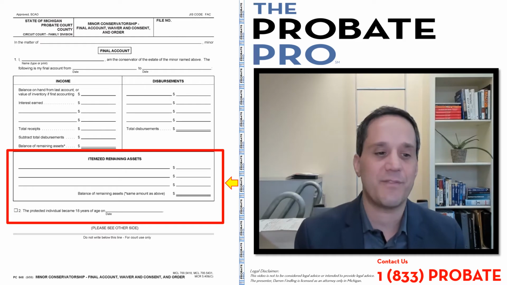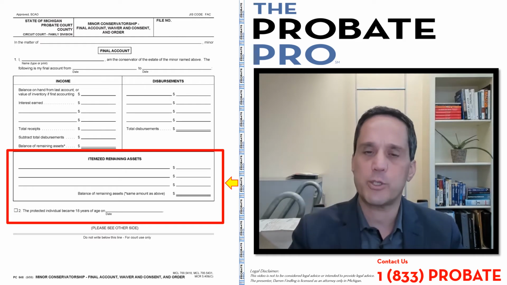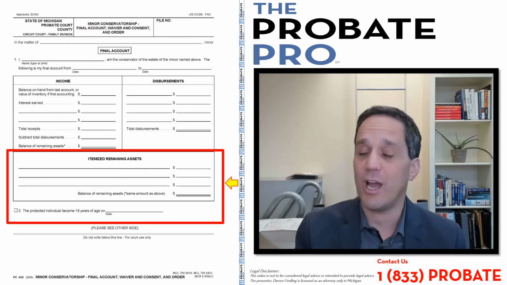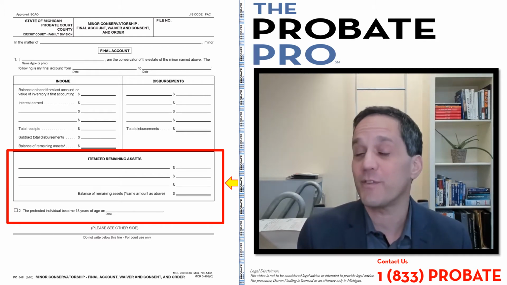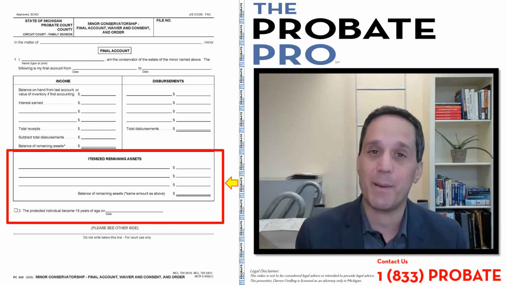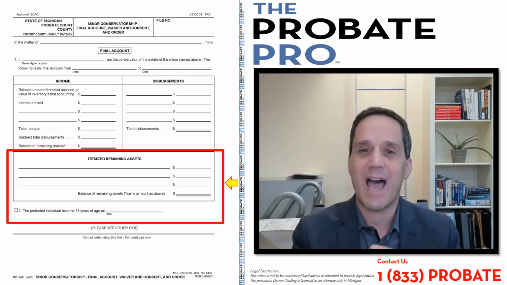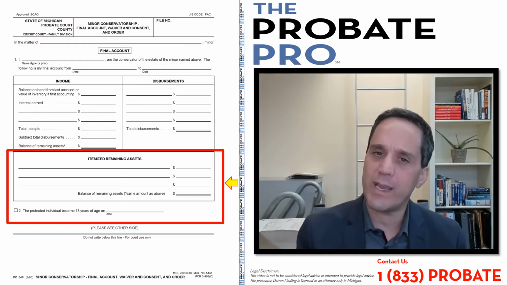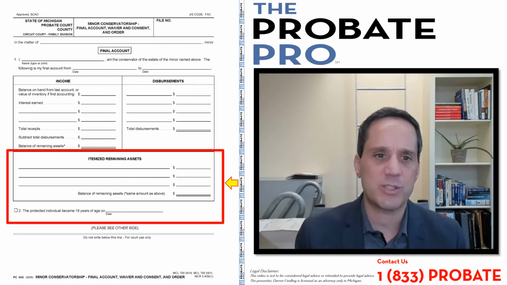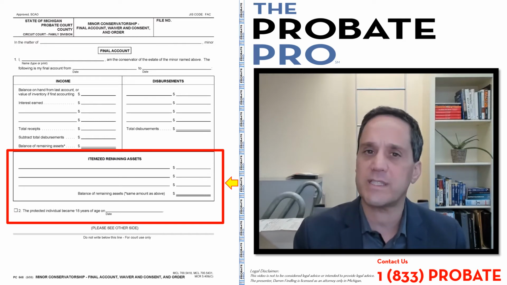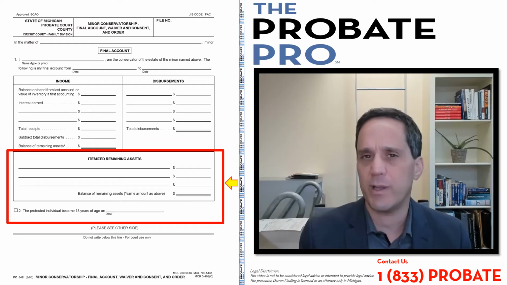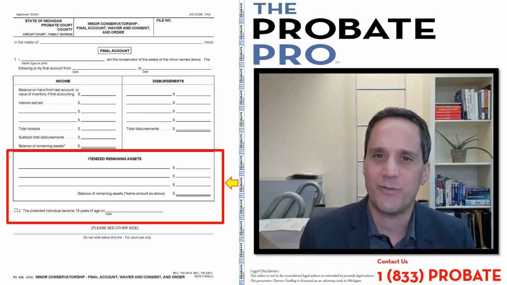There's a balance of assets remaining. Those numbers should tie together. If they don't, it usually means you filled this form out incorrectly, and that's a common problem with these final accounts. They're not tied correctly together. So again, using a calculator or a spreadsheet, making sure that all the numbers tie together cleanly is really important when completing this form.